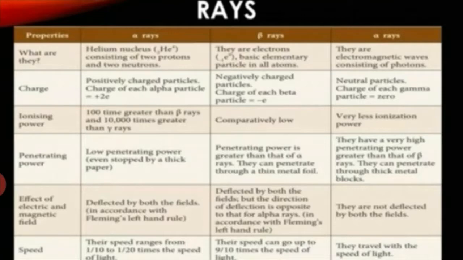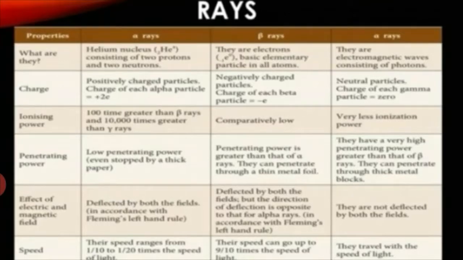Next property is the penetrating power. For alpha particles, low penetrating power, even stopped by a thick paper. For beta rays, penetrating power is greater than that of alpha rays.